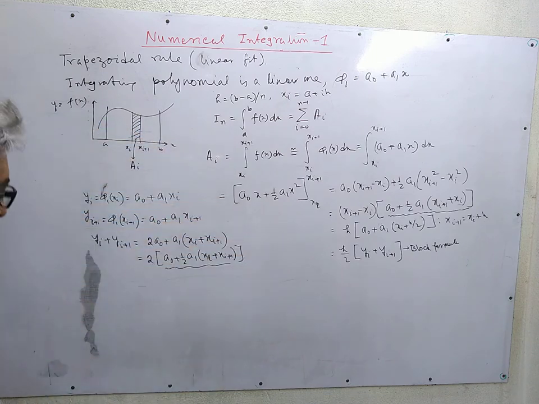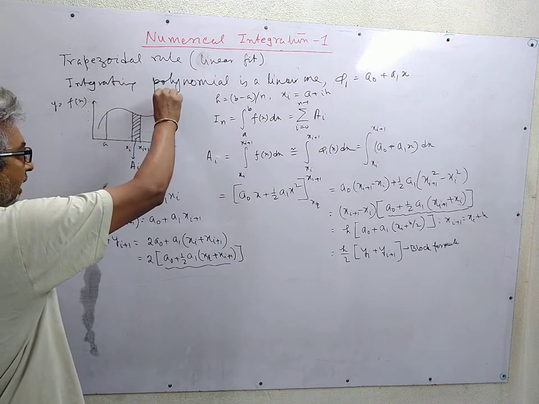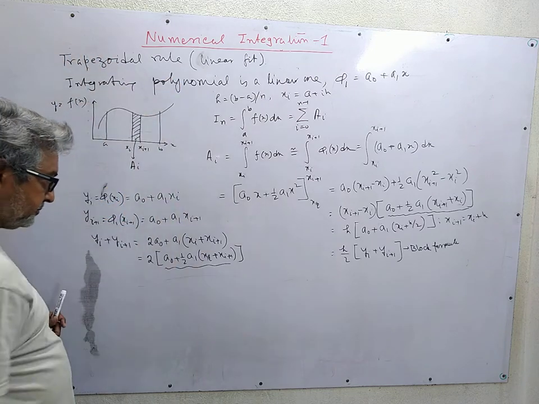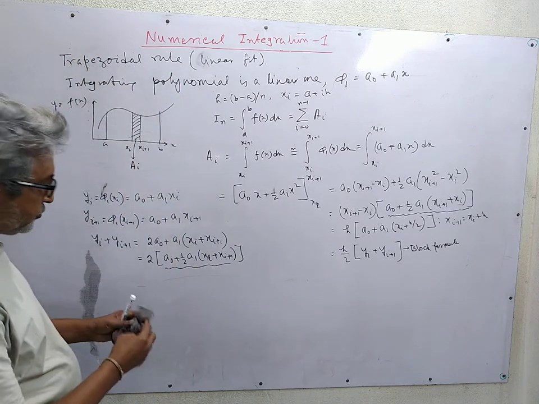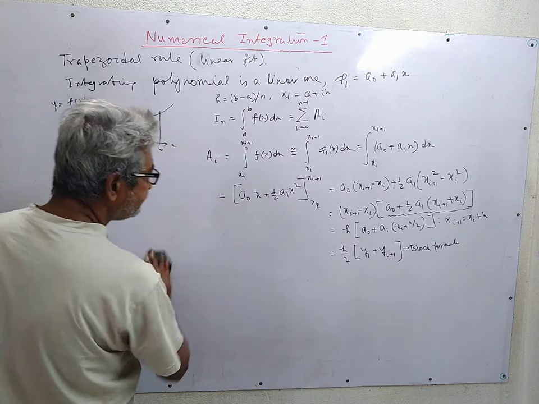That's why it is called block formula. The composite formula is obtained by adding up the adequate number of blocks. So with this we come to composite formula.